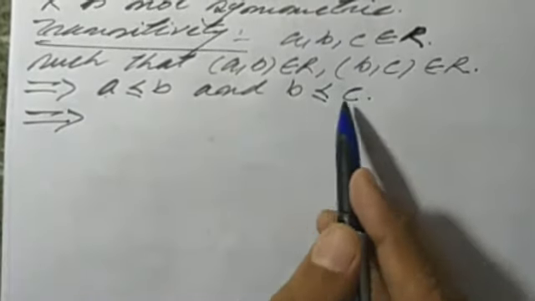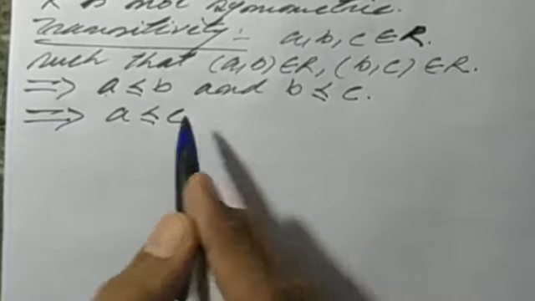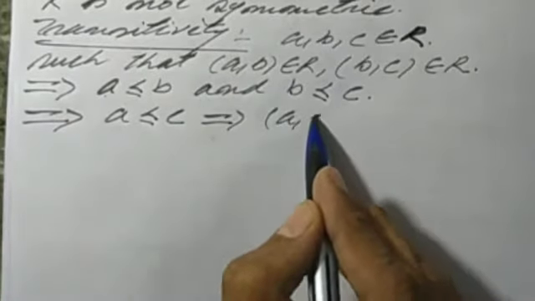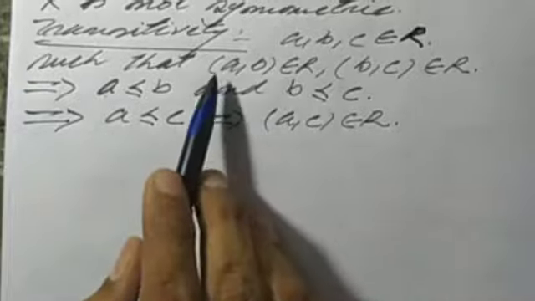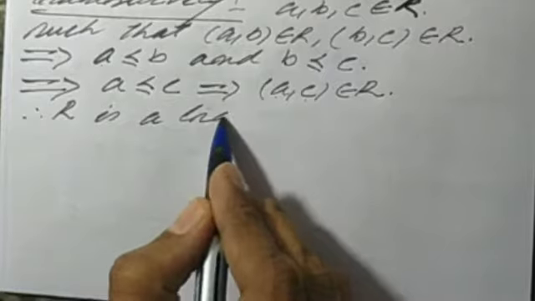So obviously a must be less than or equal to c. So it implies that (a, c) belongs to R. So we have shown if (a, b) belongs to R and (b, c) belongs to R, then (a, c) must also belong to R. So we may say that R is a transitive relation.